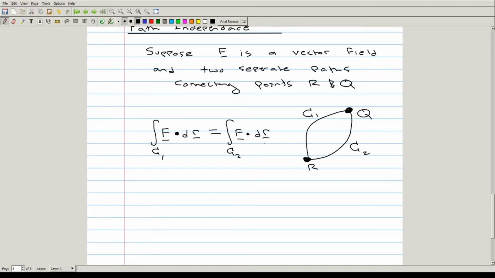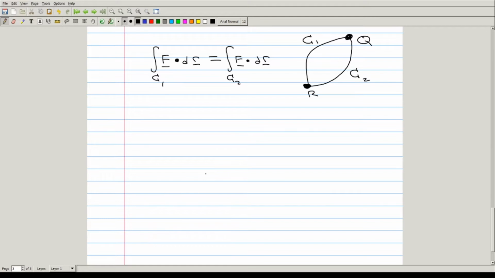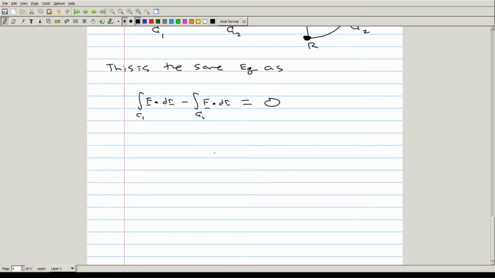And it's very important to point out that this is the same equation as the line integral over C1 of F minus the line integral over C2 of F being equal to 0, which we can rewrite using our simplifications of line integrals.